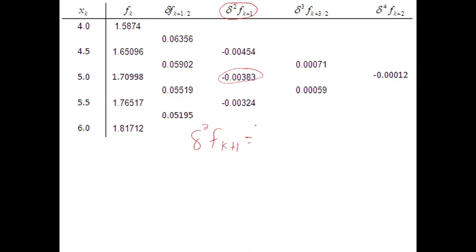Delta squared f sub k plus 1 is equal to delta f sub k plus 1 half. What's the formula? Let's recall.